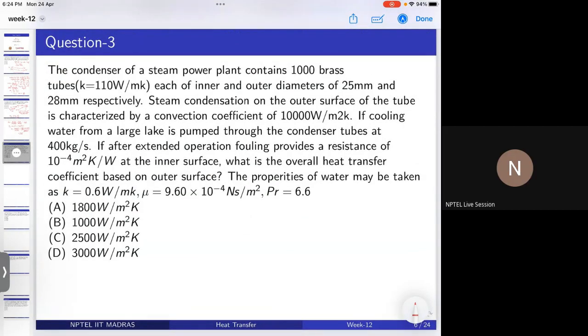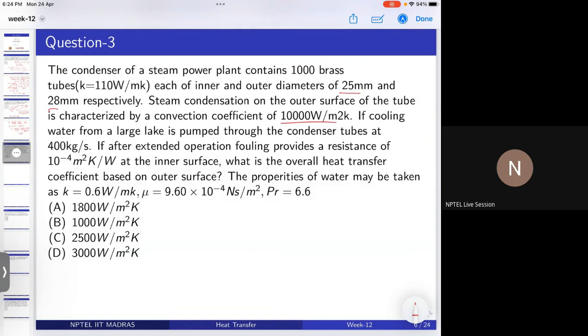So we have a condenser of a steam power plant which contains 1,000 brass tubes of given thermal conductivity, each of given inner and outer diameter. Steam condensation at the outer surface of the tube is characterized by a convection coefficient of 10,000 watt per meter square Kelvin.